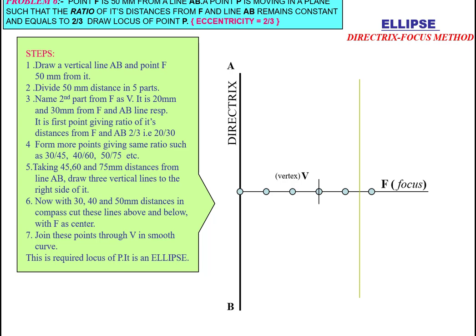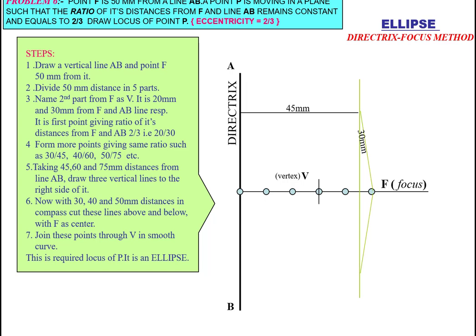So take a distance of 45 from the directrix. Then mark two radii of 30 mm from the focus on that line on both sides, above and below.